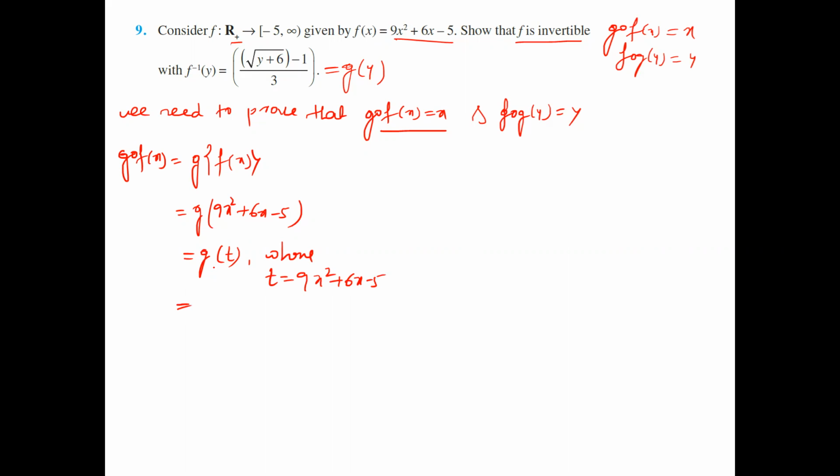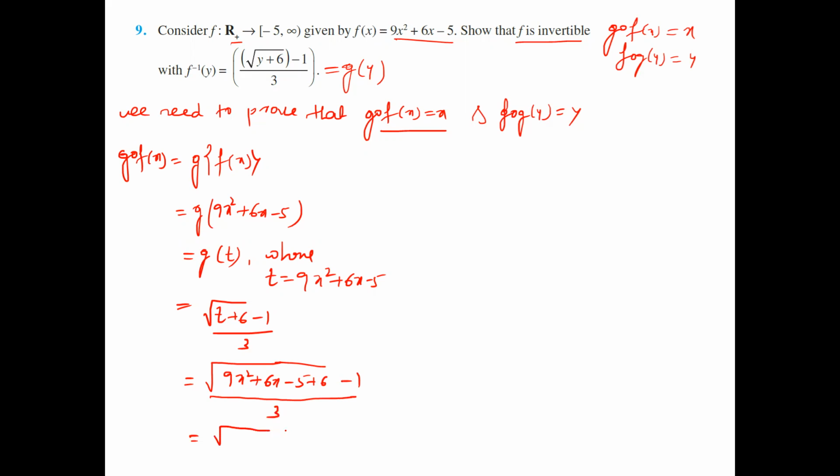Now what is the g of t? G of t is nothing but the g of y value, with t in place of y. So this can be written as root of t plus 6, minus 1, divided by 3. Now what is the t value? Here only, 9x square plus 6x minus 5, plus 6, and this minus 1 as it is, divided by 3.